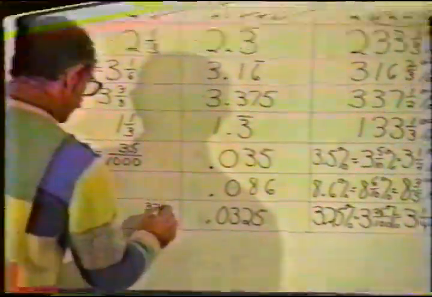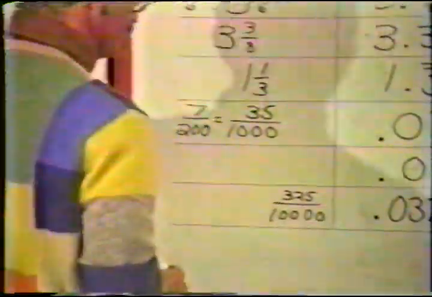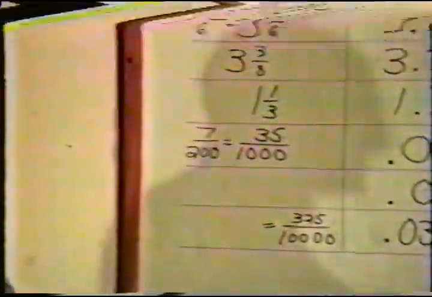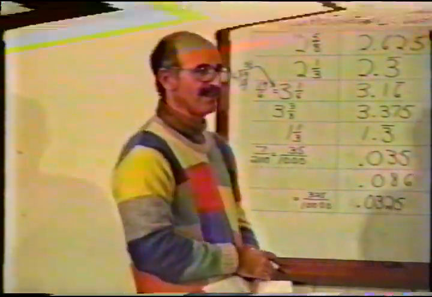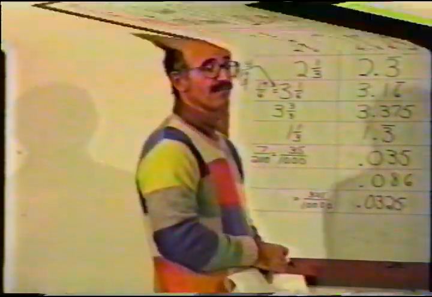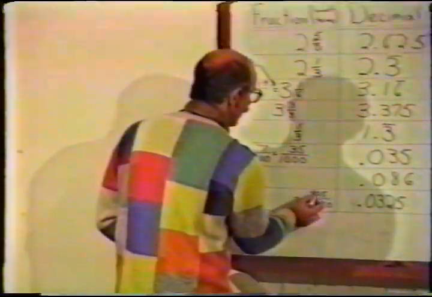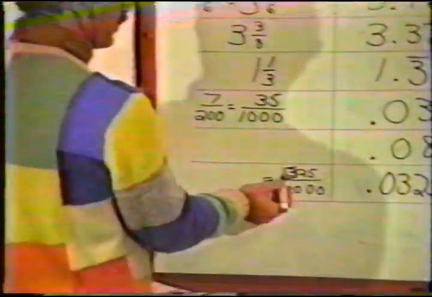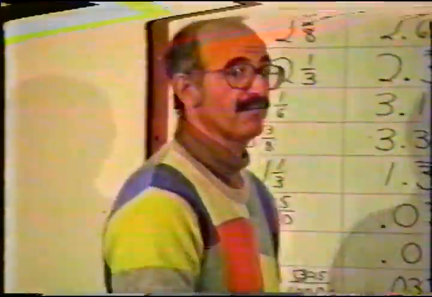325 ten-thousandths. Yes, 325 ten-thousandths. Can we reduce that fraction? Yes. And what number can we use to reduce it with? 25. And we have a little trick for dividing by 25. How many 25s are there in the 300s? 12. There's 4 in each 100, so 300s gives us 12 of them.